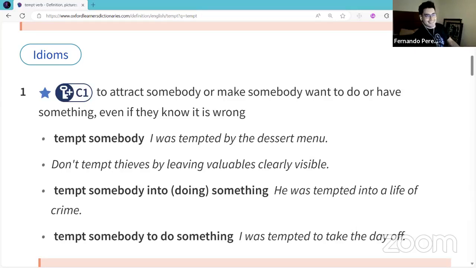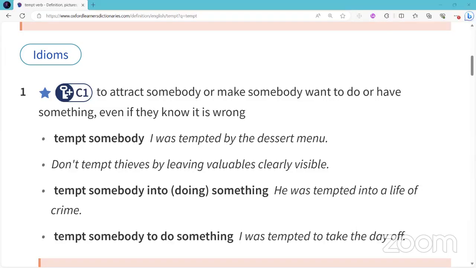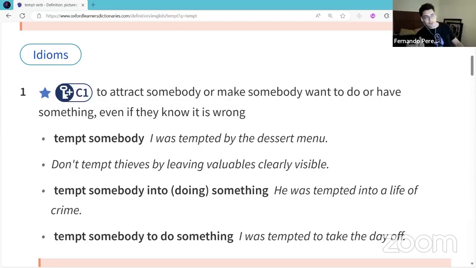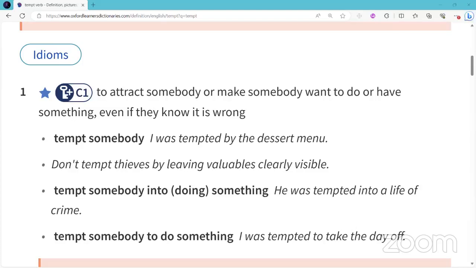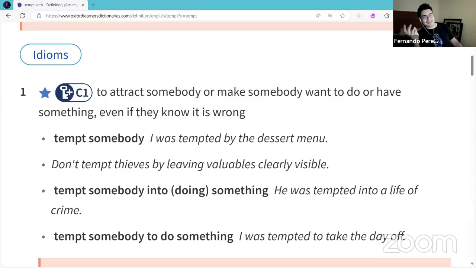Yes, agree. Money tempts you. This is the origin of the word temptation. And of course, the descriptions are tempting and tempted. I am tempted. Cookies are tempting.